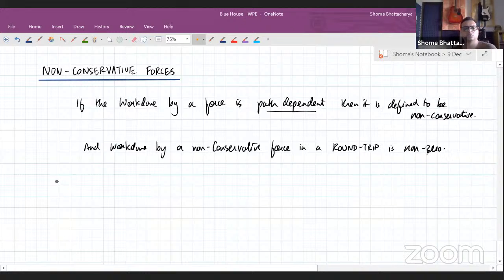Okay. So the most common example and the only physical example we have seen so far of non-conservative force is kinetic friction.